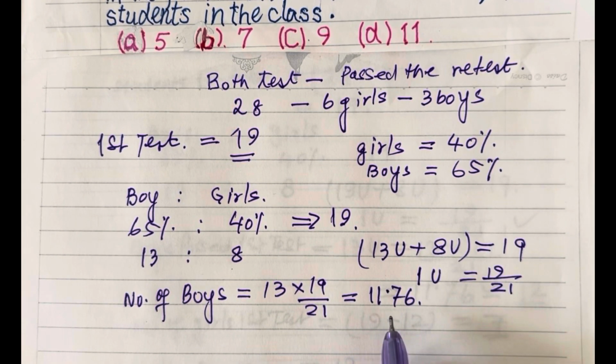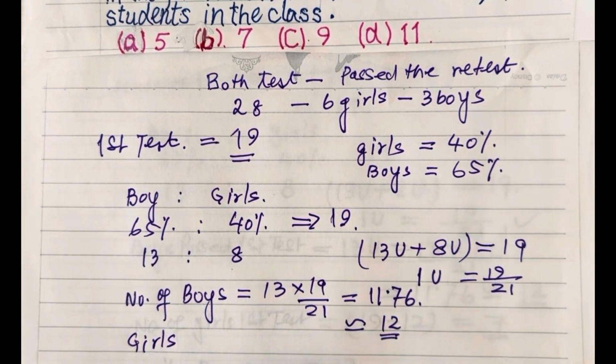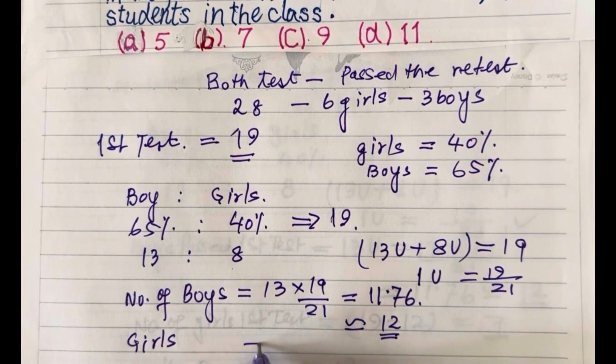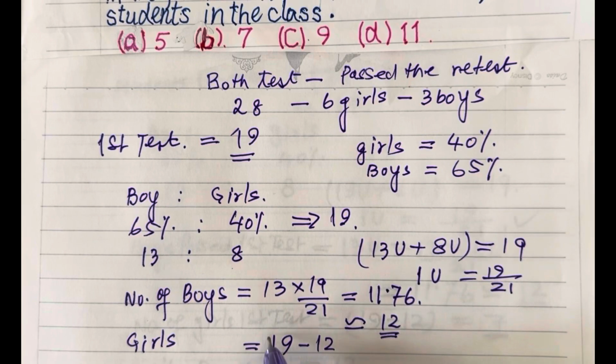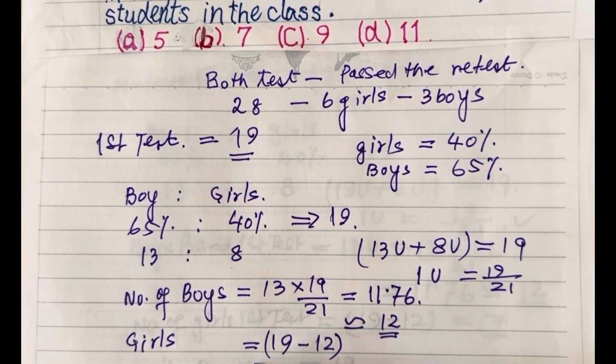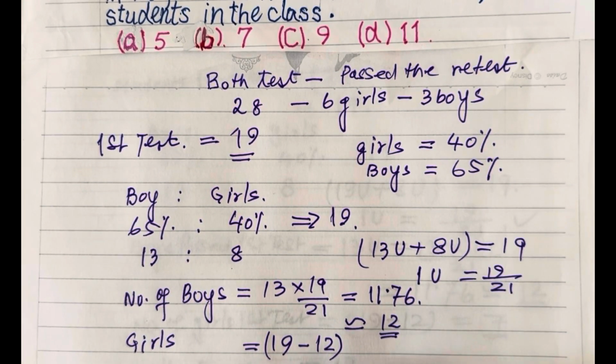Since 11.76 is very close to 12, we can approximate it to 12 boys. Okay, so the boys who passed the first test are 12, and the girls who passed the first test will be equal to 19 minus 12, because 19 is the total number, out of which 12 are boys. So girls become 7.